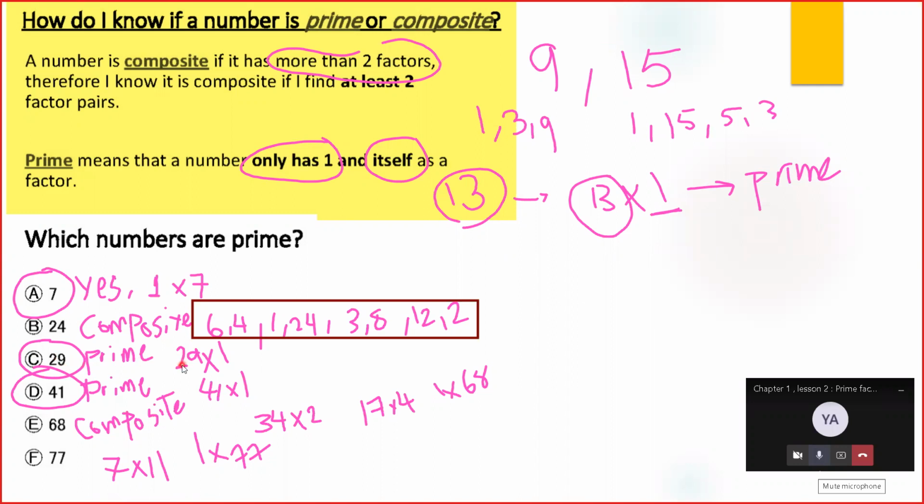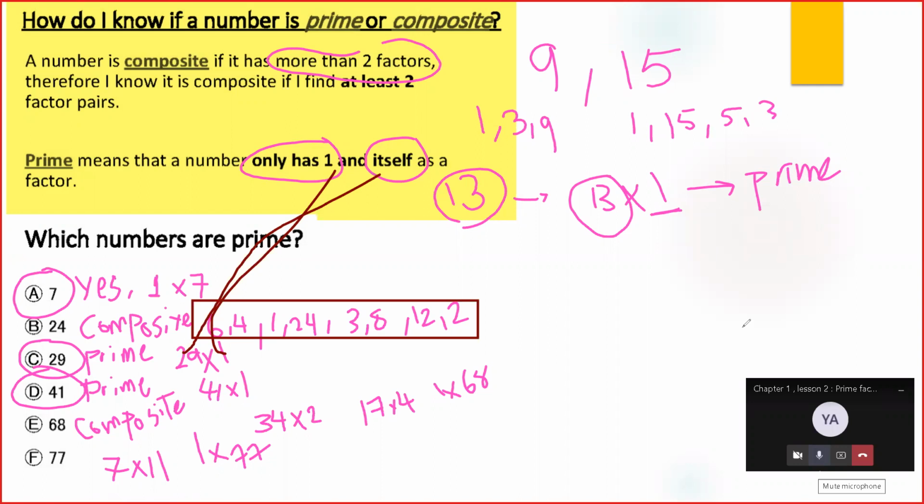They told you its factors are 1 and itself, so it will be prime. There's no way to multiply two numbers and get 29, only 1 and 29. Okay, thank you, teacher.